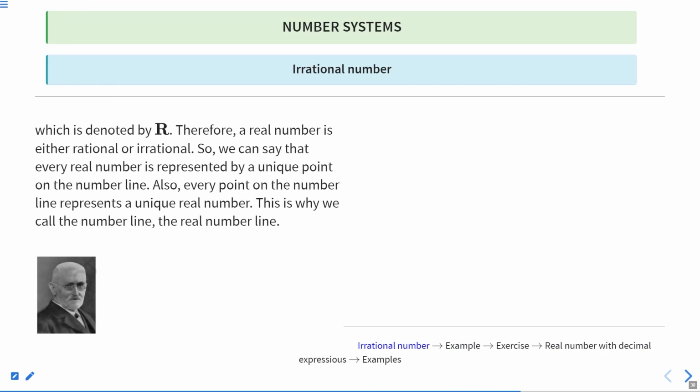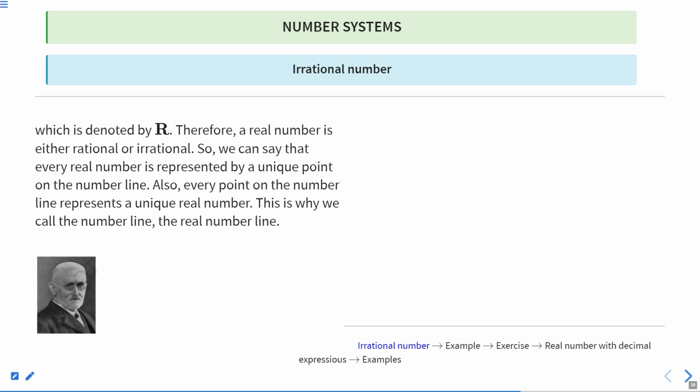It is denoted by bold R. Therefore, a real number is either a rational number or an irrational number. So we can say that every real number is represented by a unique point on the number line. Also, every point on the number line represents a unique real number.